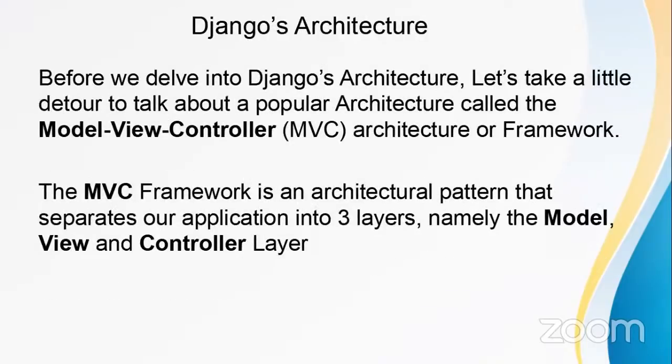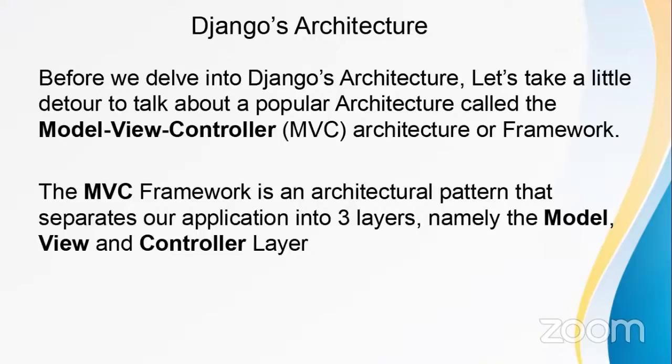Now, Django's architecture. Before we talk about Django's architecture, let's take a little detour to talk about a popular architecture out there, called the MVC architecture. MVC stands for Model View Controller architecture. It's just an acronym, a shortened version. So what is an MVC architectural pattern?